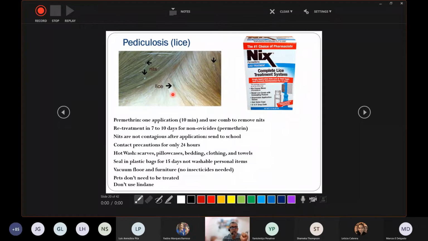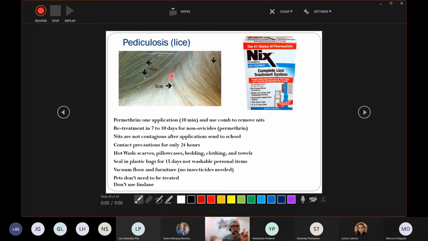Dry. Many questions on pediculosis, guys. Pediculosis has two forms. The adult lice, which jump and can infect you by contact, and the eggs, which are the nits. Eggs are not contagious until they hatch and the adult comes out. The adult is contagious, the nit is not.